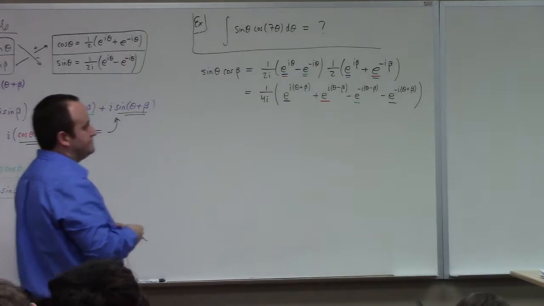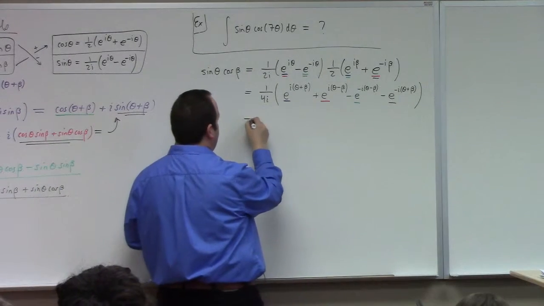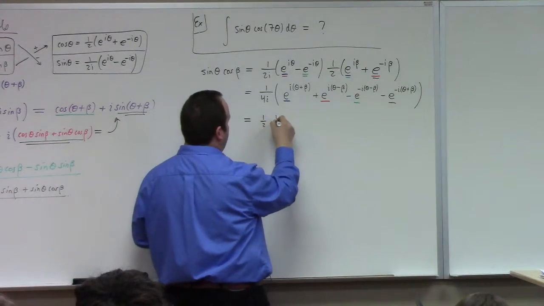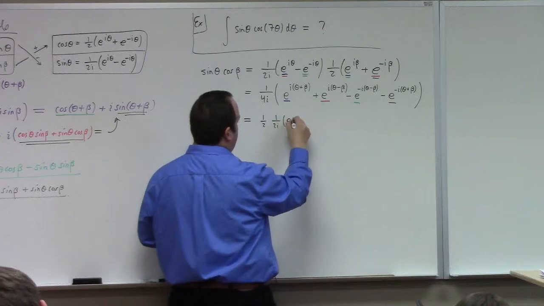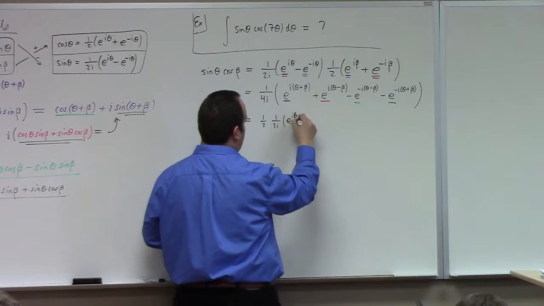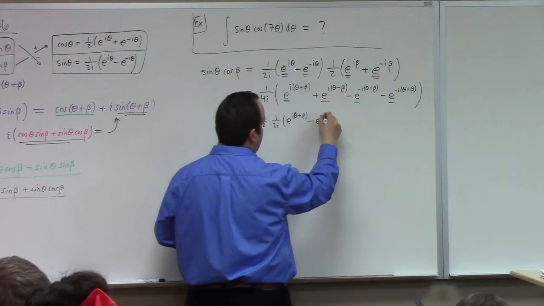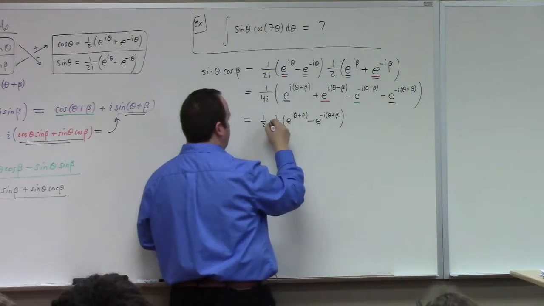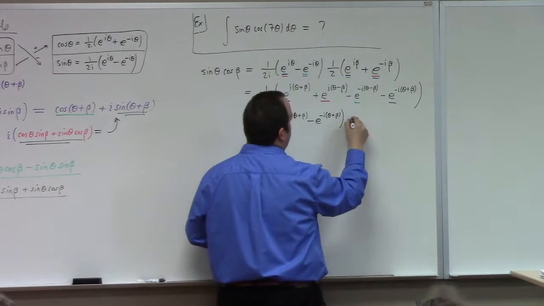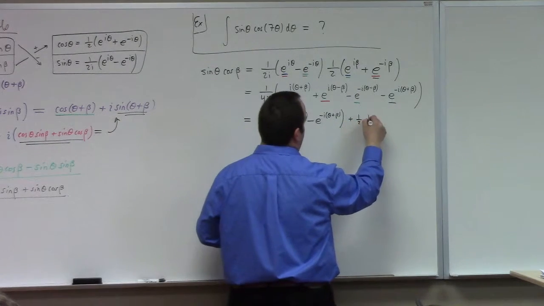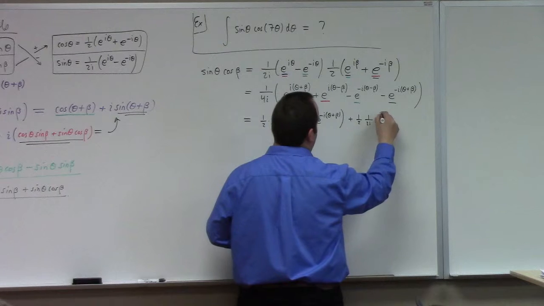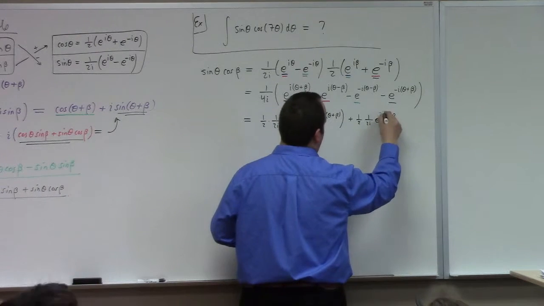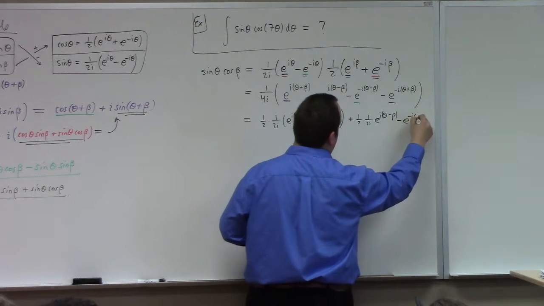What do we get? You can regroup things here. We've got 1/2 of 1 over 2i, e to the I times theta plus beta, minus e to the minus I times theta plus beta. And then plus 1/2, 1 over 2i, e to the I theta minus beta, minus e to the minus I theta minus beta.